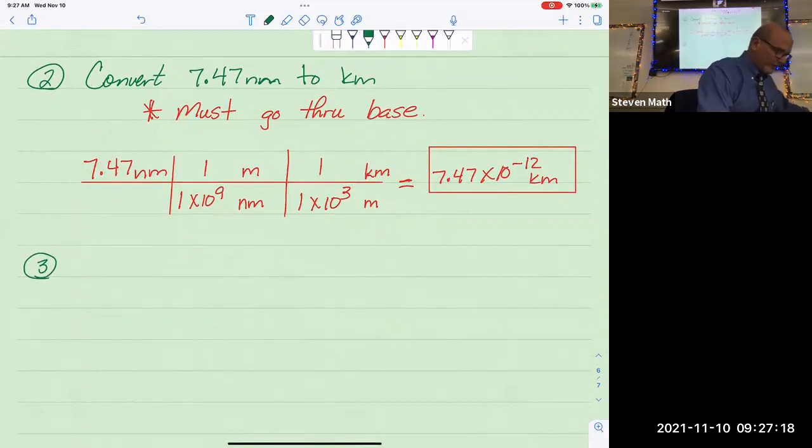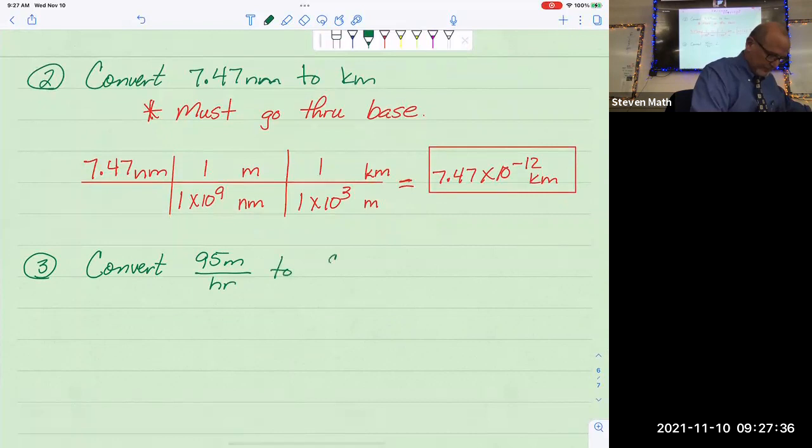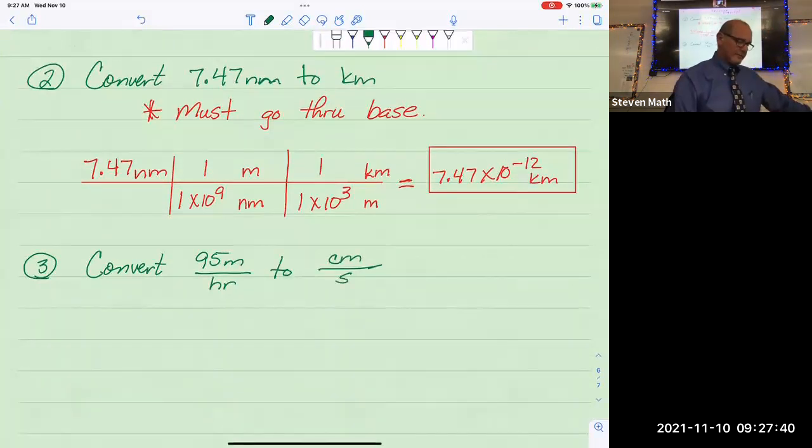Three, last example. Convert 95 meters per hour to centimeters per second.